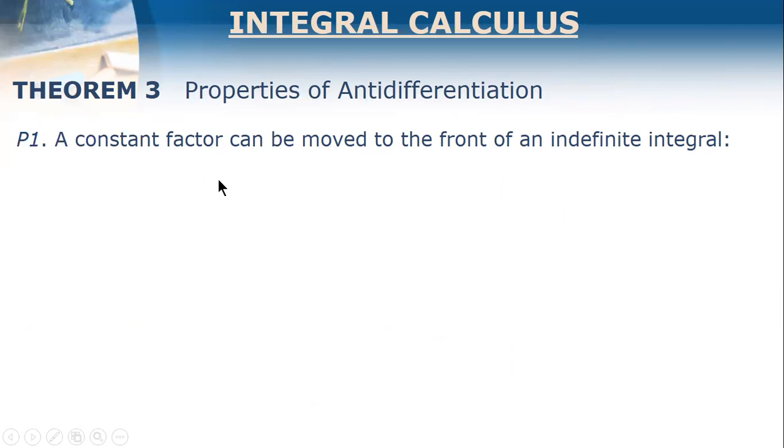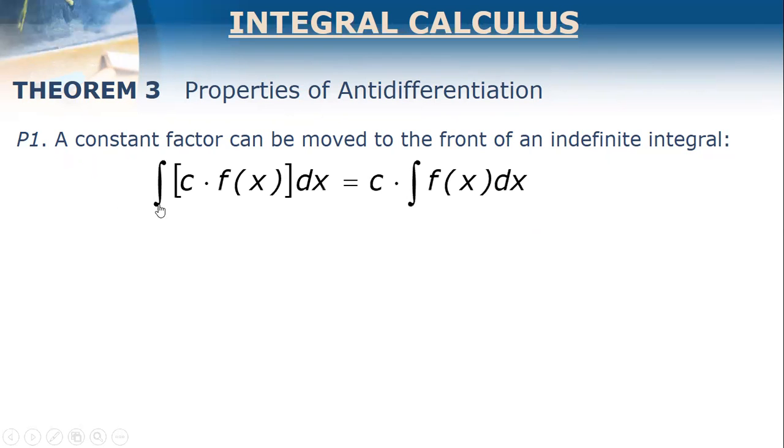You can take it out, similar to factoring out. Like c times a function f of x can also be written as c times the integral of f of x dx. So the constant can also be taken out.